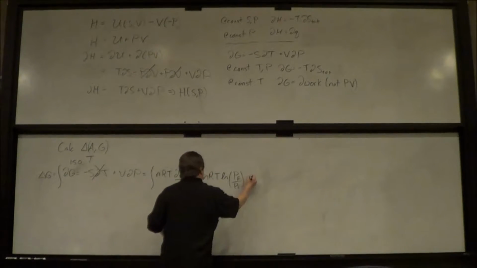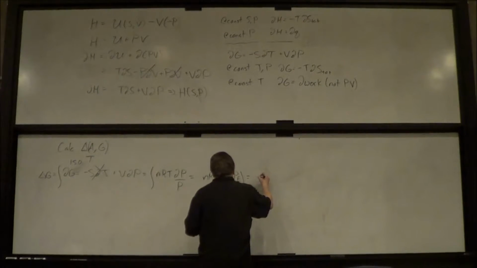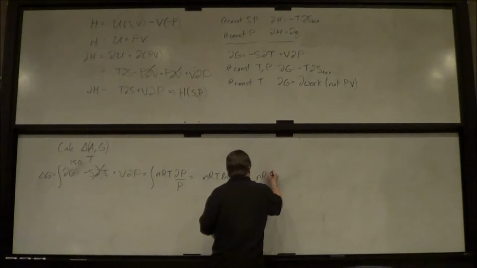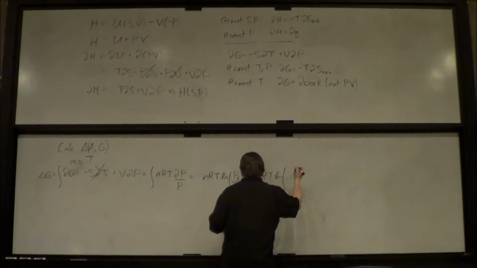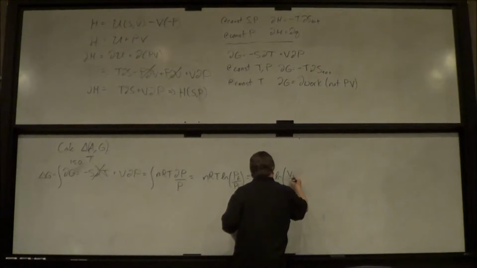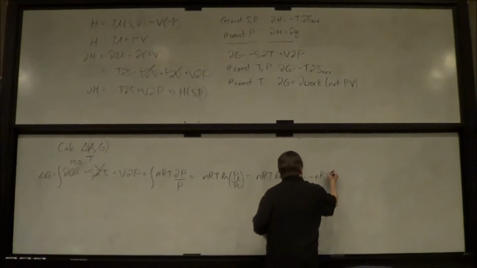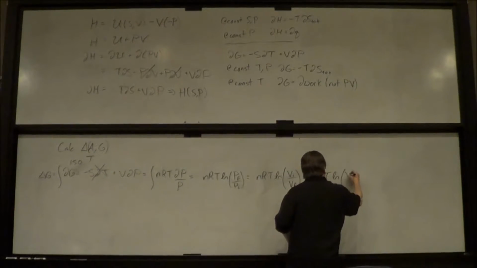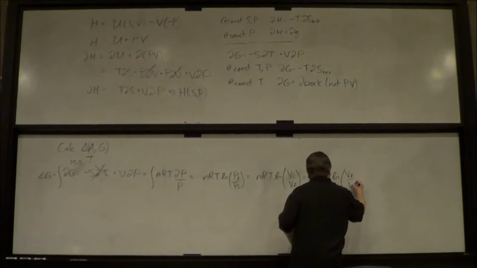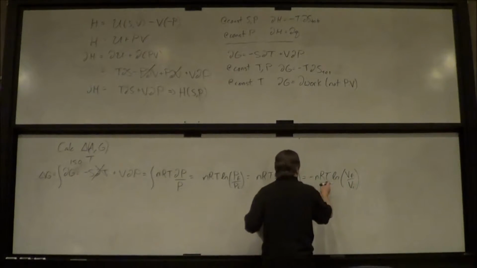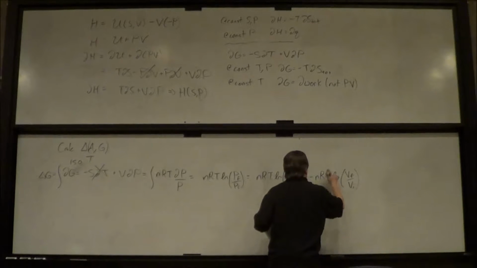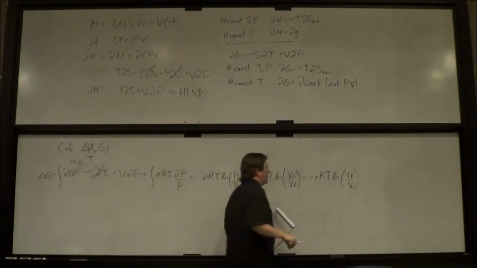And now let me point this out because this will probably be on the next homework set. nRT ln, so perfect gas. Minus nRT ln PI. I'm just using that minus ln A over B is ln B over A. Okay, look familiar?